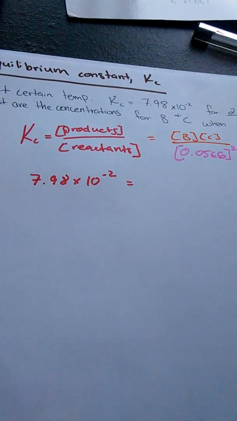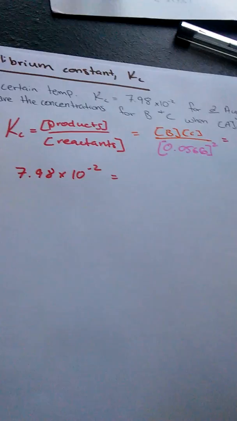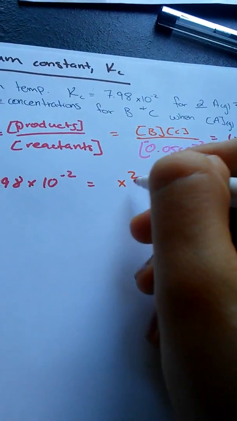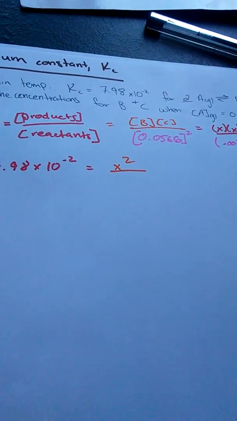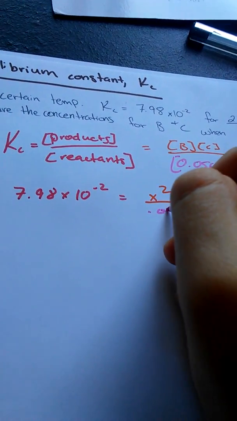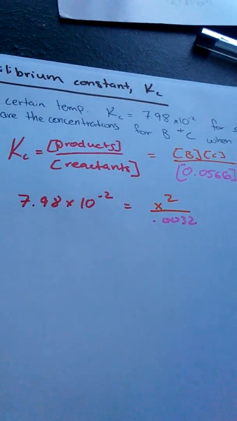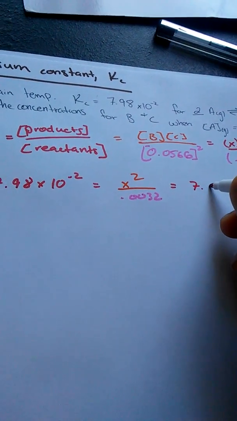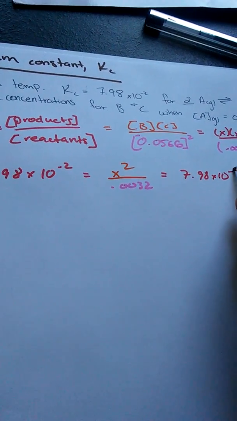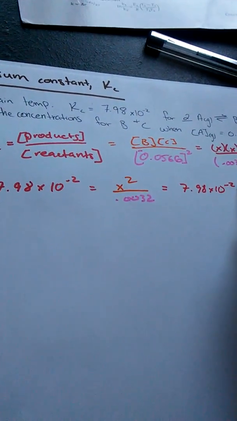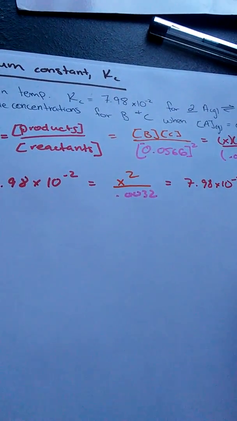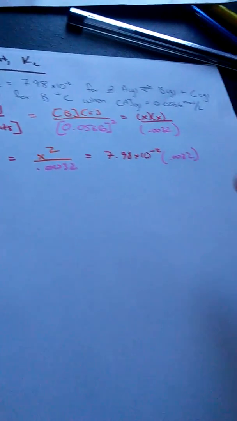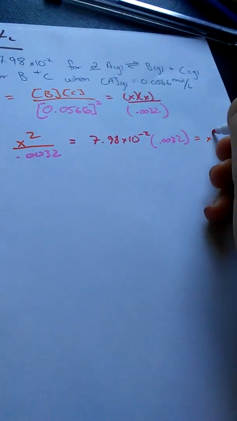It's going to be equal to x squared over 0.0032. This is going to be equal to 7.98 times 10 to the negative 2 times 0.0032. It's going to equal x squared.